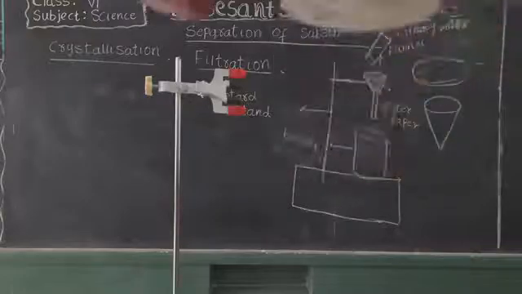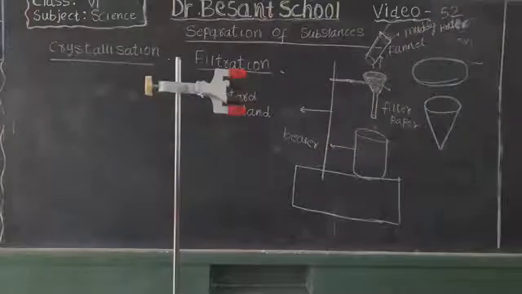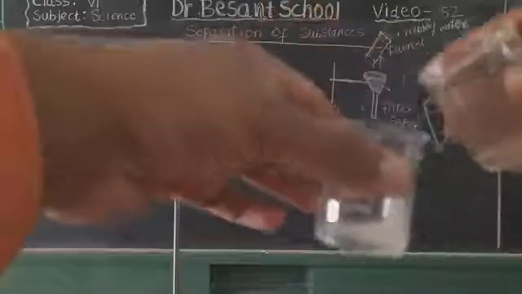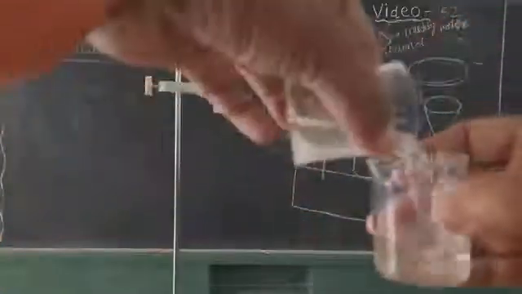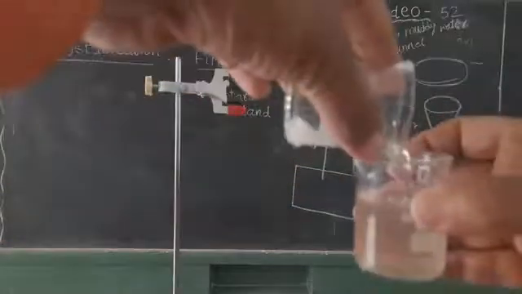Okay. Now I am going to add water to this salt. Children, observe carefully. See, I am adding water to this salt. What happens? Slowly I am mixing this water and salt. What will happen?